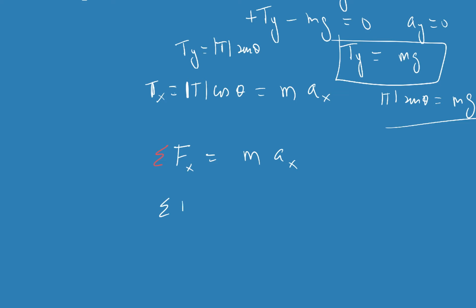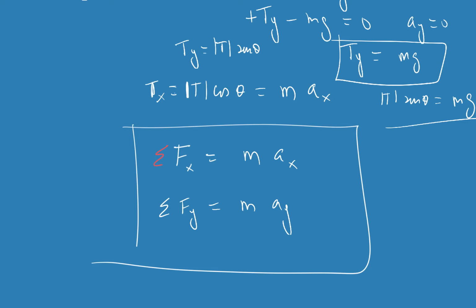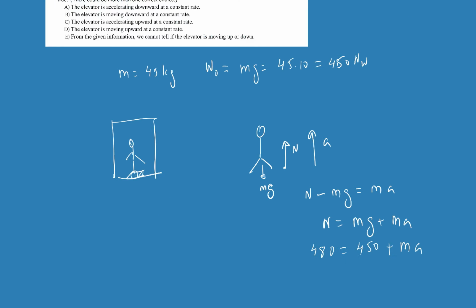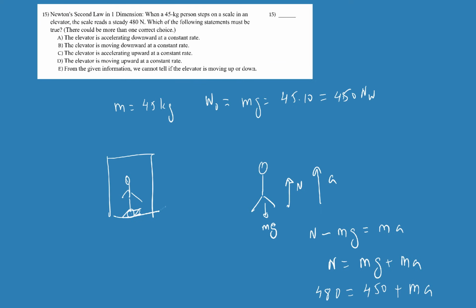The sum of all the forces in the y direction produces acceleration. How much? The mass by the acceleration ay. So these are the two equations that you will always use to solve Newton's problems in this course. Okay, let's go to the next one. Read the problem and come back.